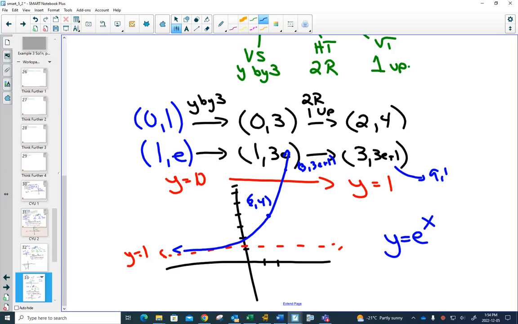You don't know what a derivative is yet, but e is important because the derivative of e to the x is e to the x, and it's the only function whose derivative is the same as the original function. So you'll learn that hopefully next year if you take calculus next year.